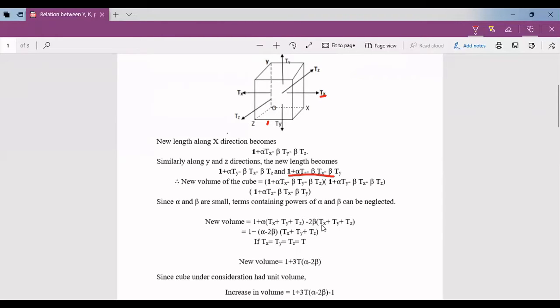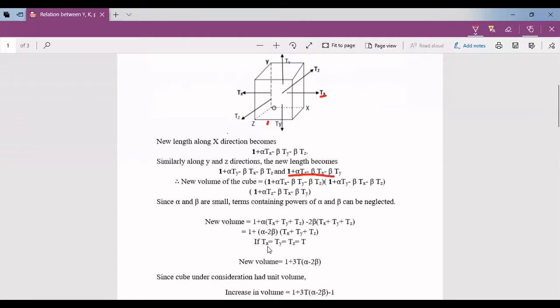So we can take alpha minus 2 beta as a common term, so that this equation becomes 1 plus alpha minus 2 beta into tx plus ty plus tz.